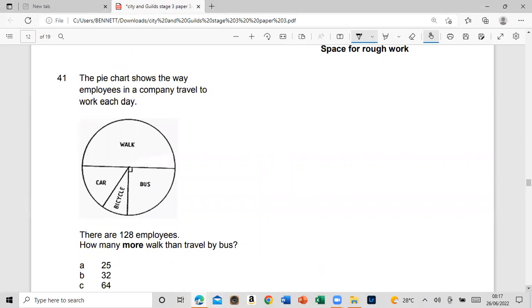41. The pie chart shows the way employees in a company travel to work each day. Walk, bus, bicycle, car. There are 128 employees, so that's a total. How many more walk than travel by bus? All right, so half of them walk. So we divide 128 by 2 to find that.